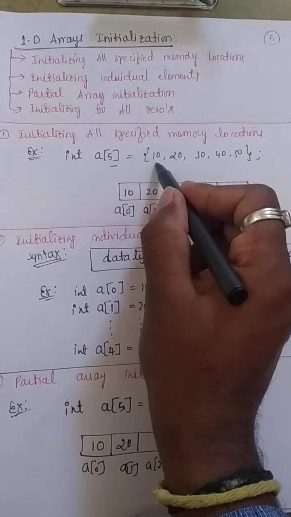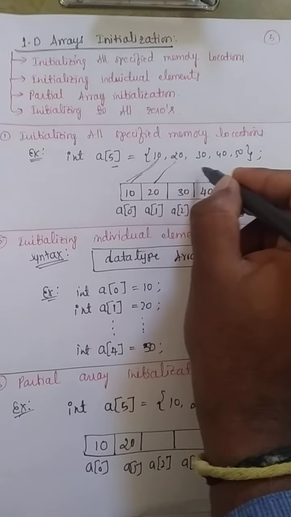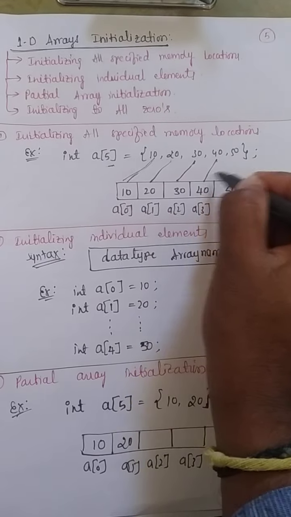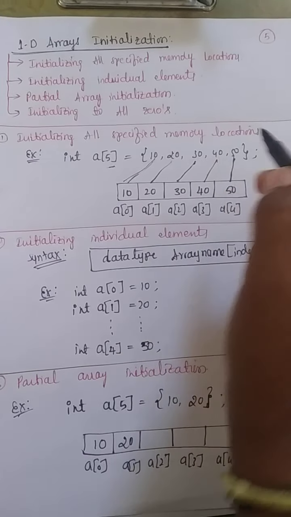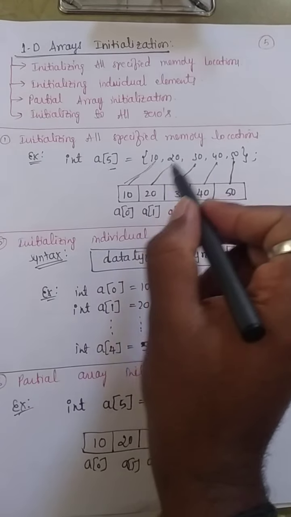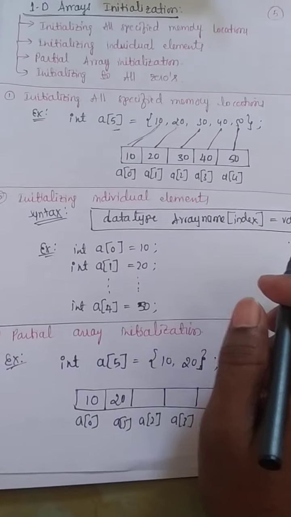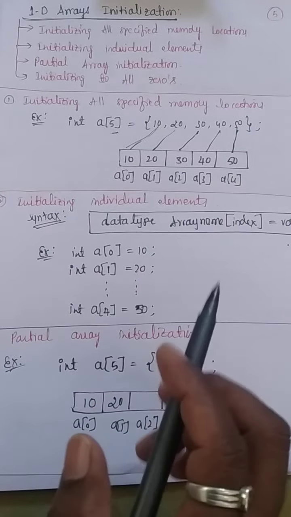It means the first element is stored here, second element here, and third element, fourth element, fifth element. Means however many memory locations you declared, those many memory locations are filled by all the values. Got it? This is initializing all specified memory locations.